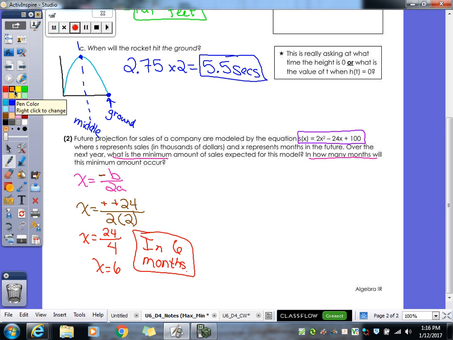So now what do we do with our 6? Plug it back into the equation. That'll tell us what the minimum amount is. So 2 times 6 squared minus 24 times 6 plus 100. What do we get?